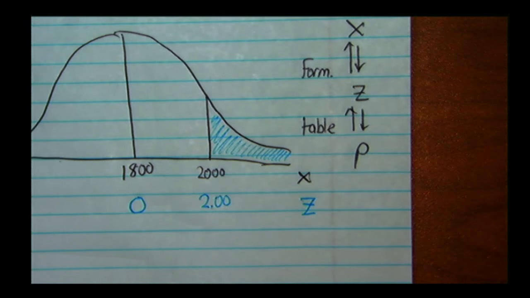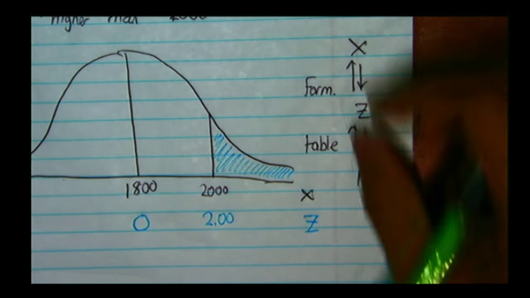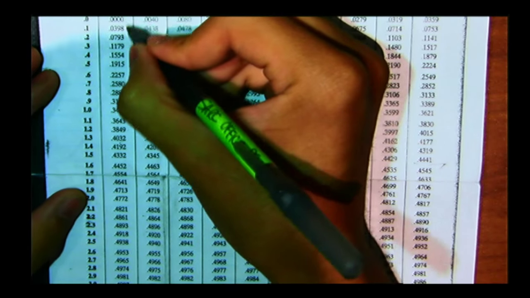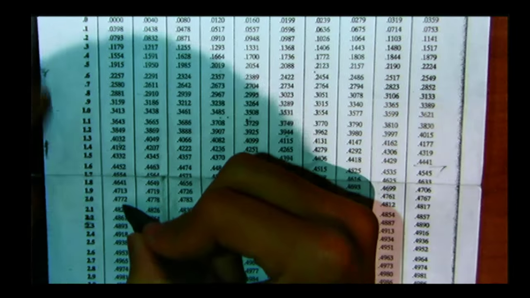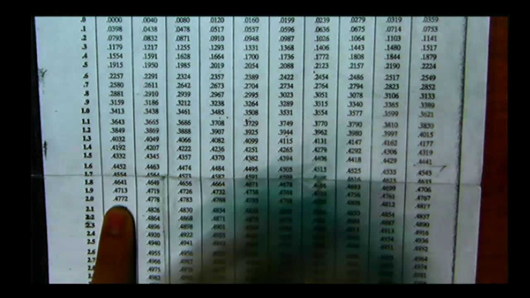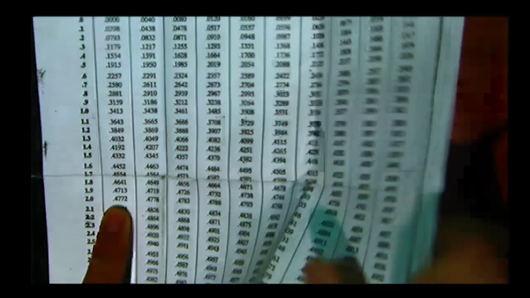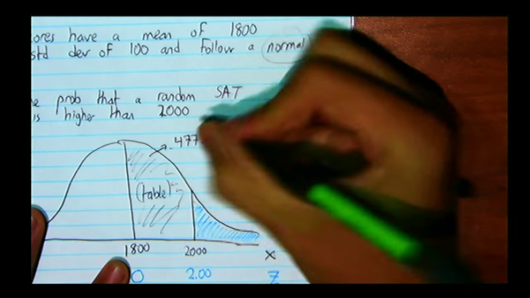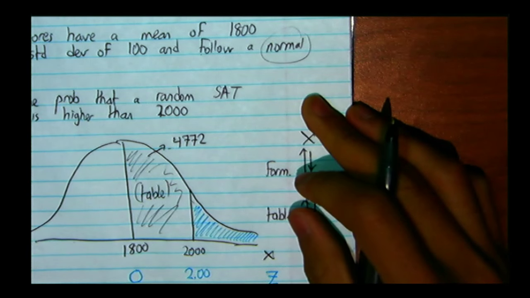What we have to use is 0, 0, about 0.4772 would go there. This area is 0.4772. That means to find the area in blue, you would just take 0.5, half the graph, 0.5 minus what you have.